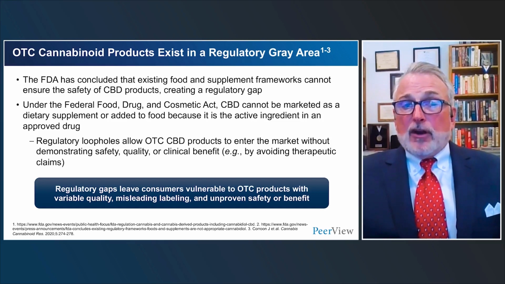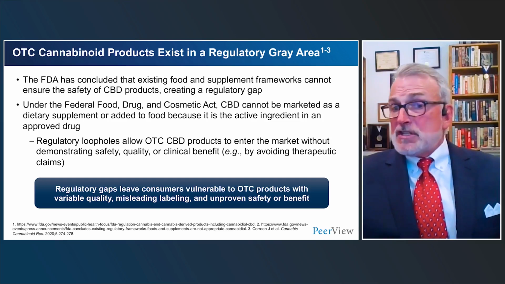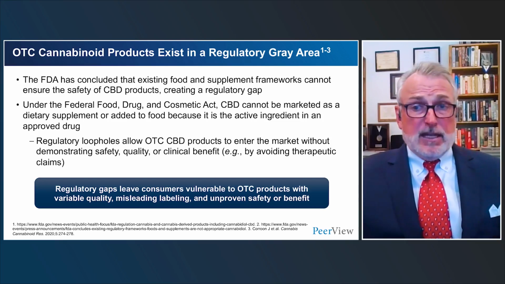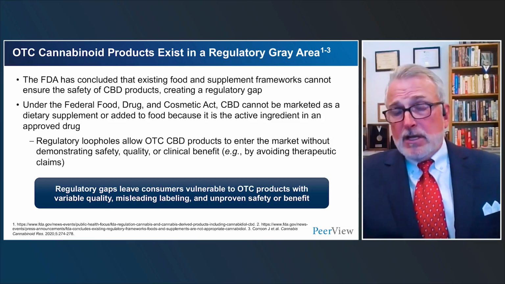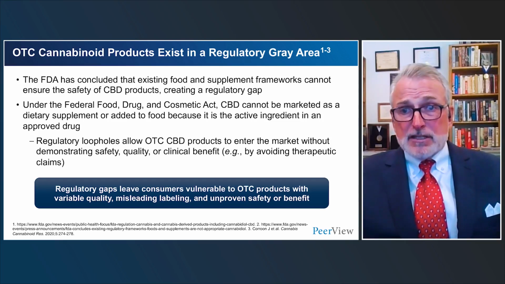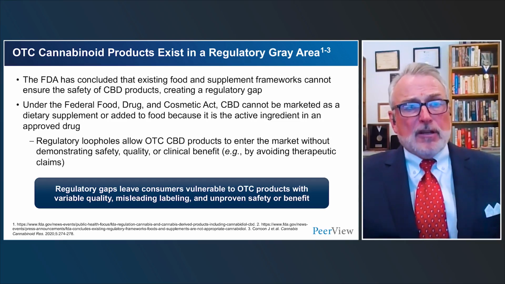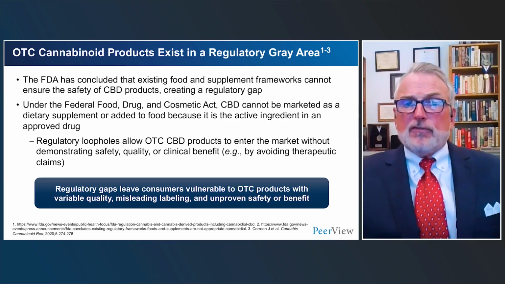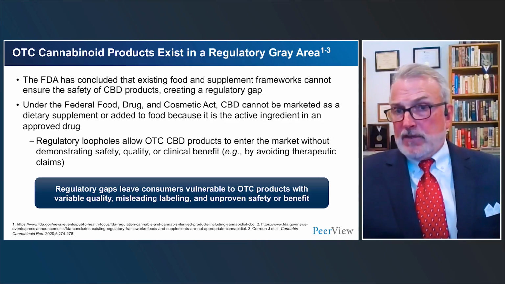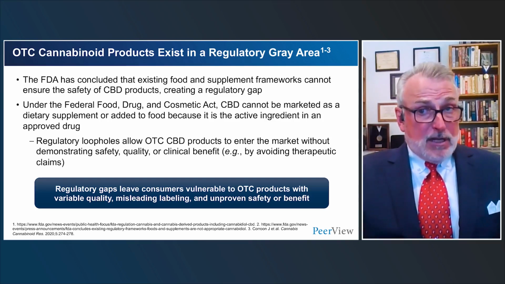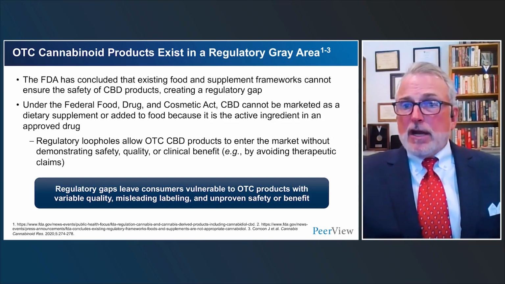But there are these regulatory loopholes, and some of them are being exploited to produce products that contain delta 8 THC, a synthetic compound that is also unregulated at this point in time. These gaps leave us with a significant problem where consumers are vulnerable to the marketing of these OTC products, that marketing not being backed up by clinical trial results.